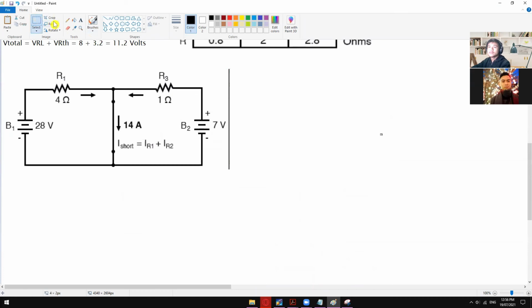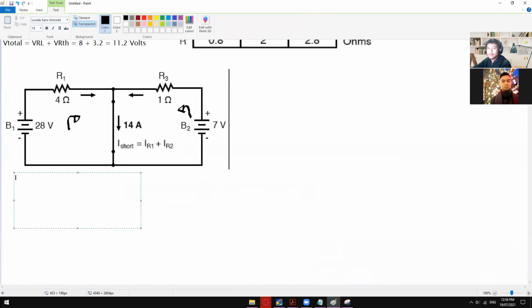If you take a look at this one, we have a current flowing from here to there, and by applying Ohm's law, I is equal to V divided by R. Let's apply this on the left side first. I is unknown, but V is 28 volts and R is 4 ohms.